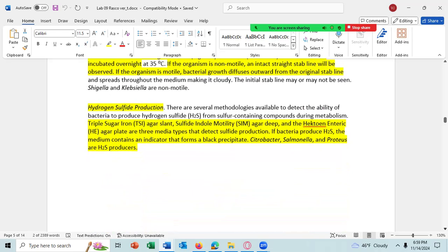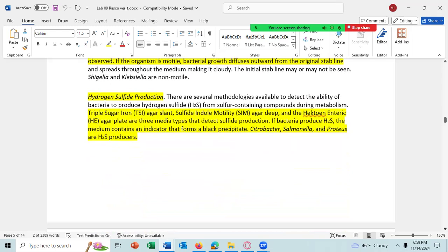All right, so let's talk about the hydrogen sulfide production. You can measure hydrogen sulfide being produced in several different tests. You can measure it in the triple sugar iron test, that's the TSI test. You can measure it in the SIM test, that's the sulfide indole motility test. And you can measure it in the HE agar plate, or the Hektoen enteric agar plate.